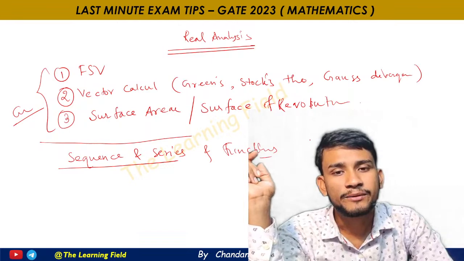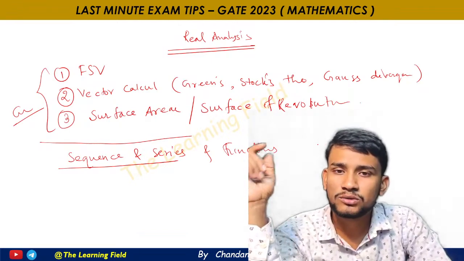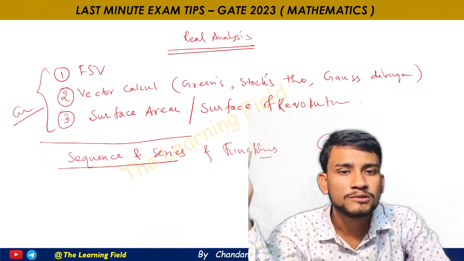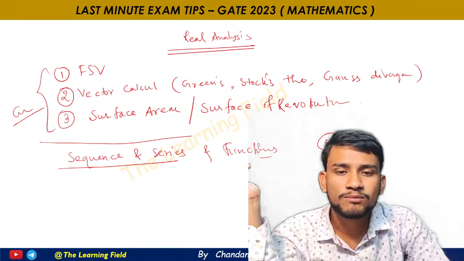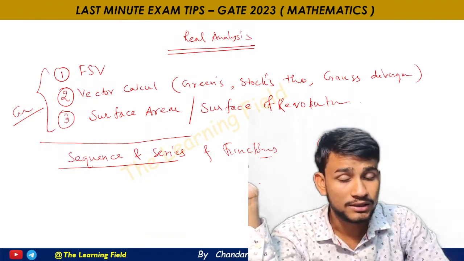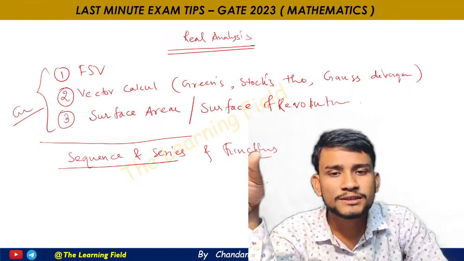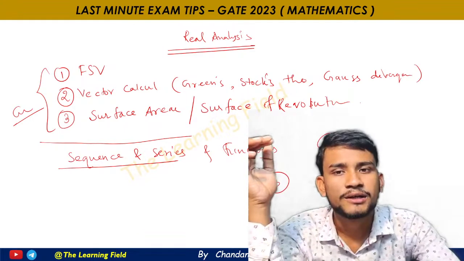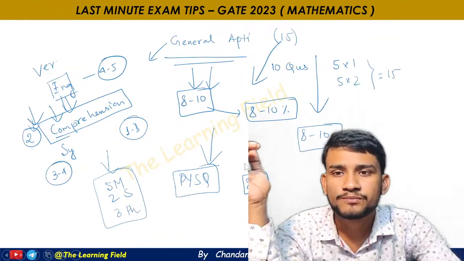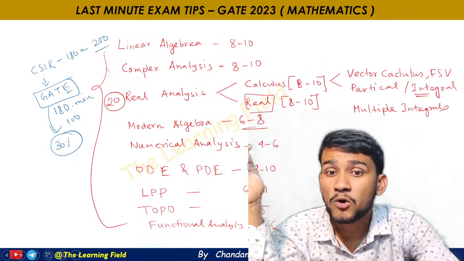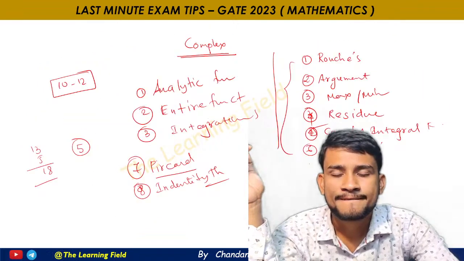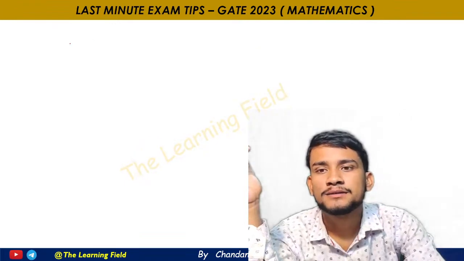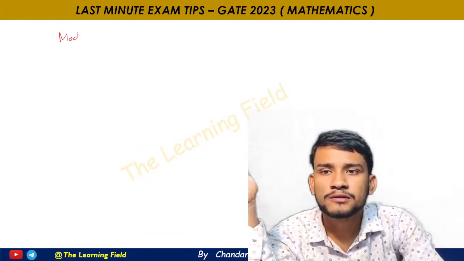And I can definitely say that you can gain at least 5 marks from this portion. So 18 plus 5, the marks we get is 23. Now the next portion is modern algebra.